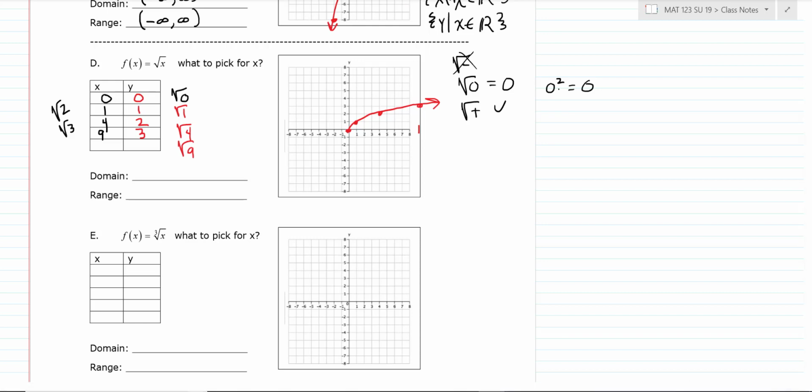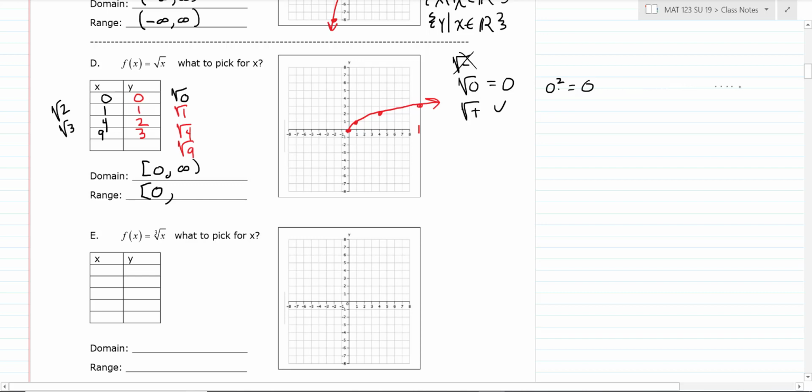Okay, as far as the domain goes, now the domain you have to start with 0, and then you get infinitely bigger. So x can be any number that's either positive or 0. The range is the same way, that your lowest value of y is 0, and then the y values get bigger forever. It looks like it levels off, but it really never does.